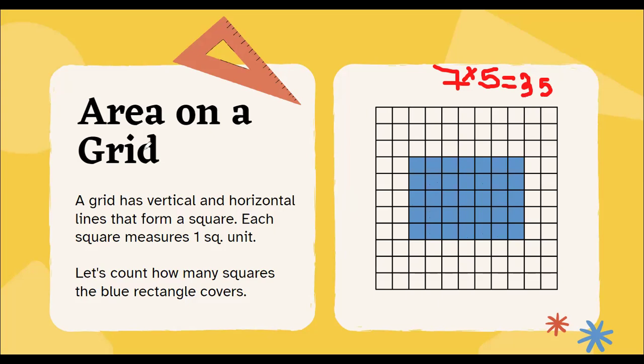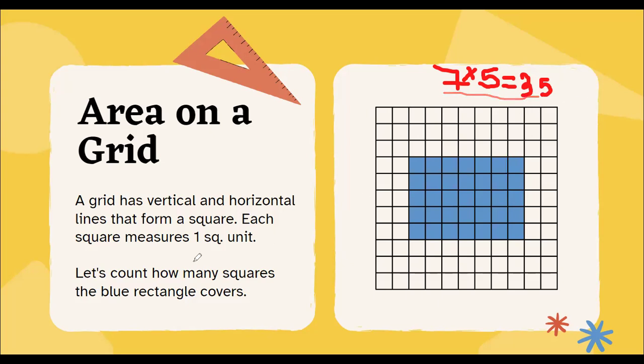Wasn't this correct? Yes, it was. So you just have to count the number of squares along one side and along the other and multiply them, and when you multiply, you will get the answer.